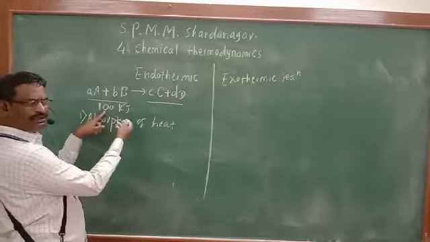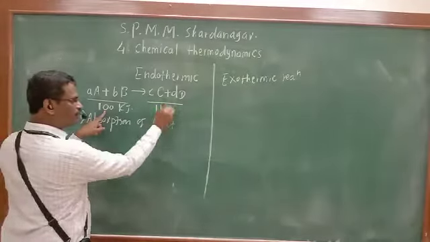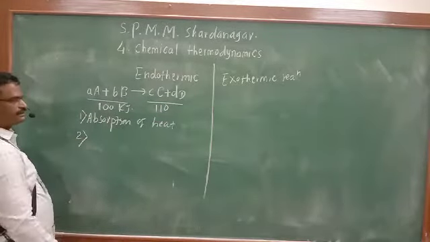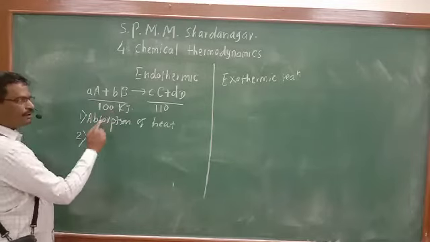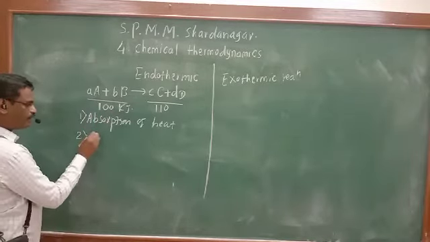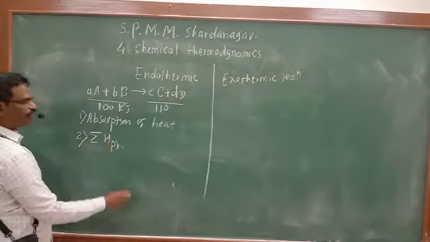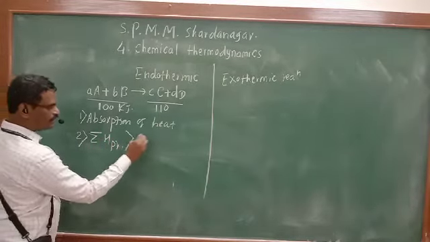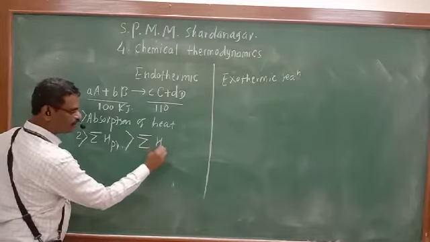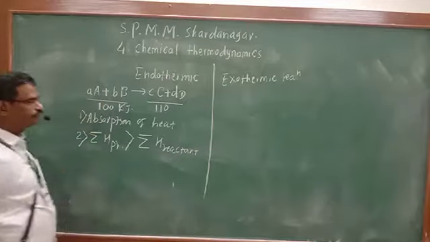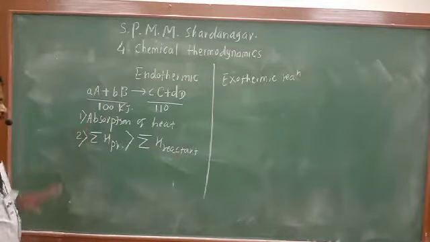If 10 kilojoule is absorbed, this is equal to 110. Since the reactants are converted to product by absorption of heat, the summation of enthalpy of product is greater as compared with the summation of enthalpy of the reactant for an endothermic reaction.